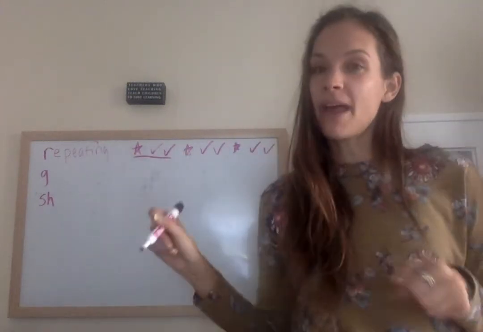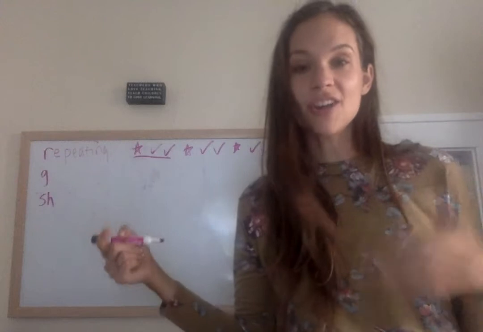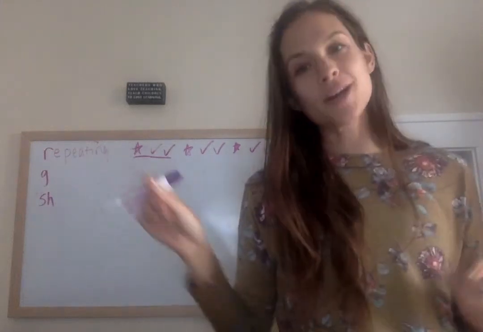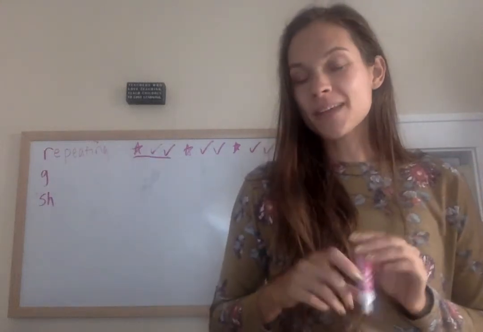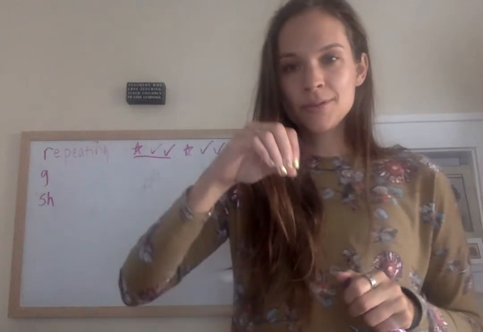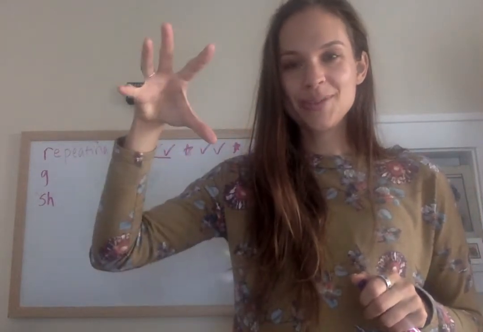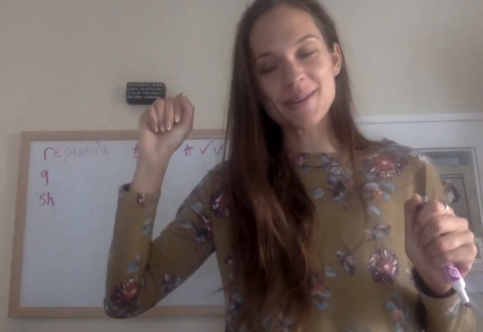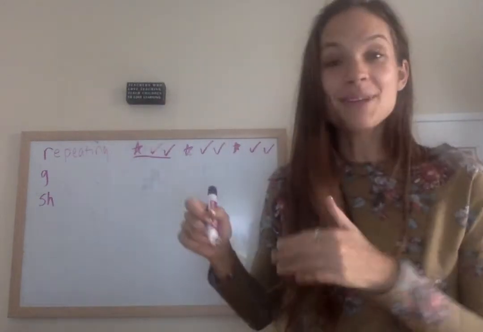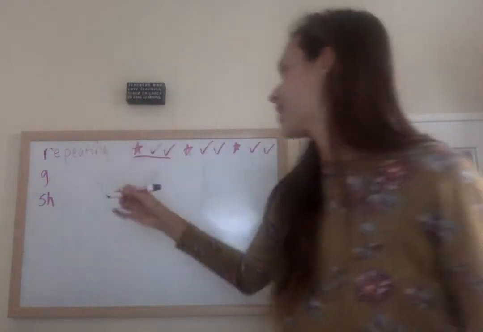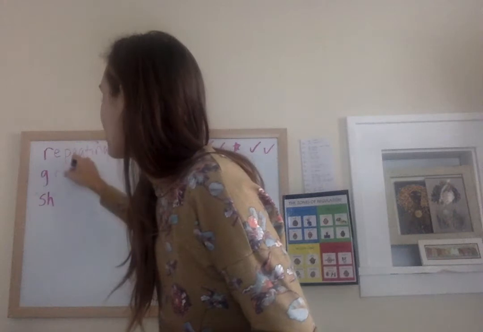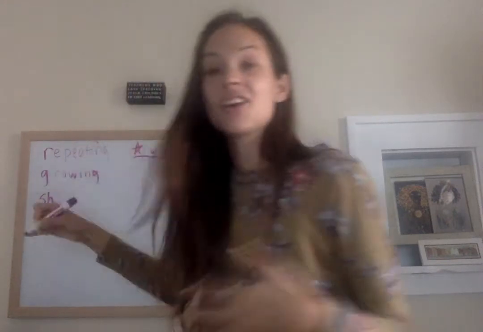Then we have a type of pattern that starts with the letter G, the G sound. Do you remember what it is? Here's a clue. It's called a growing pattern. And a growing pattern increases.